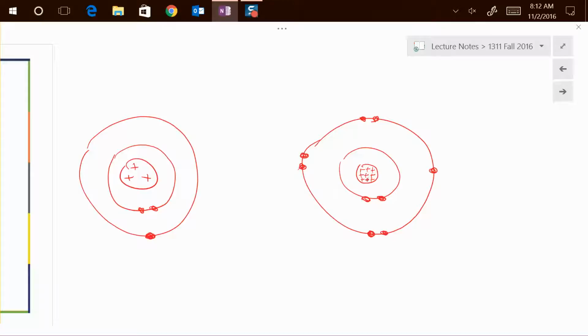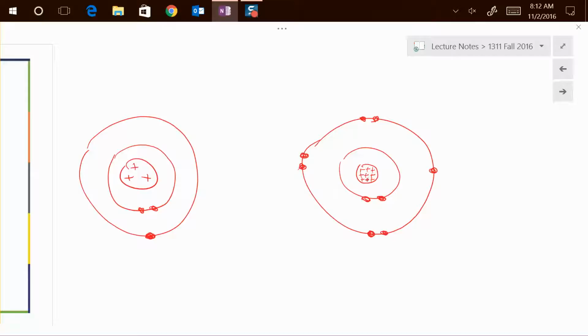It's barely holding on to that electron. So, fluorine has a small atomic size. That's what you need to remember. What's bigger, oxygen or fluorine? Oxygen. Oxygen is bigger than fluorine. Nitrogen is bigger than oxygen. Carbon is bigger than nitrogen. Okay?